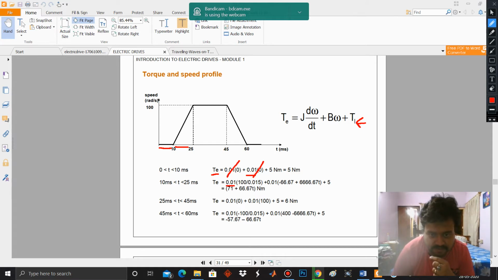And what is the change in speed? It becomes from 0 to 100. So 100 minus 0 by 0.015 plus 0.01 into, here, what is happening?